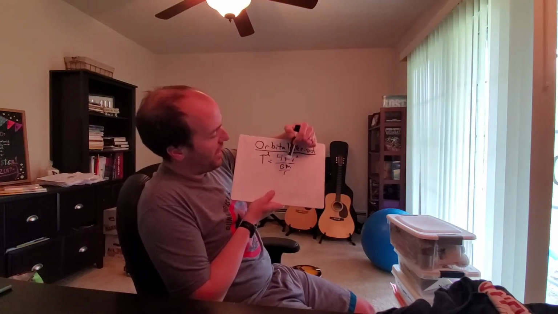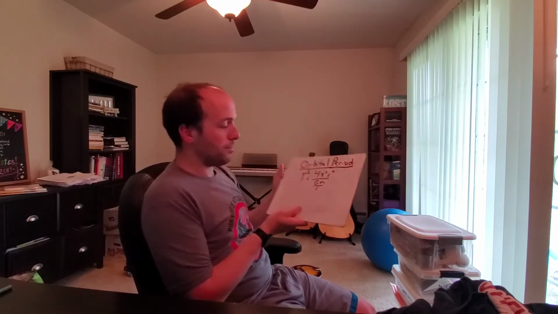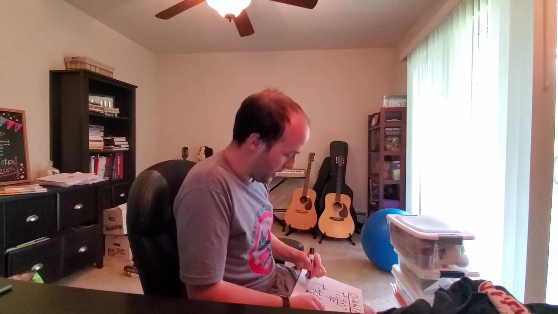Since I have a denominator in the denominator, I can bring that up. So I'll end up with T squared equals 4 pi squared. Now, I'm multiplying an r by an already r squared, so that becomes r cubed divided by G times M.